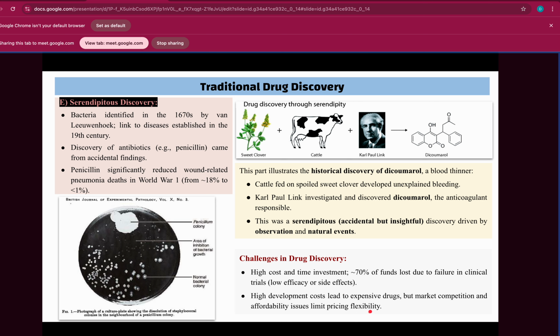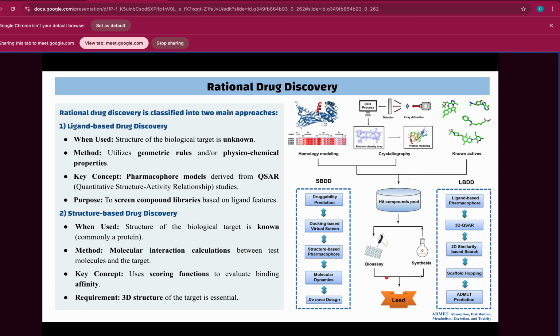In this case we are performing wet lab experiments. So now we need to bring about certain changes so that we can reduce the cost, and also reduce the time taken by the drug discovery process. So then comes another approach, which is rational drug discovery. Previously it was traditional drug discovery, in which we experimentally tested everything.